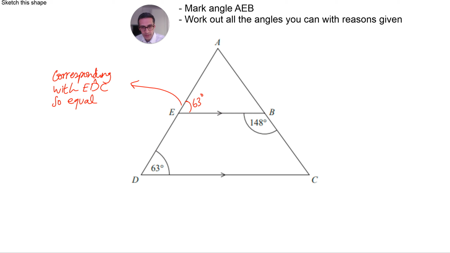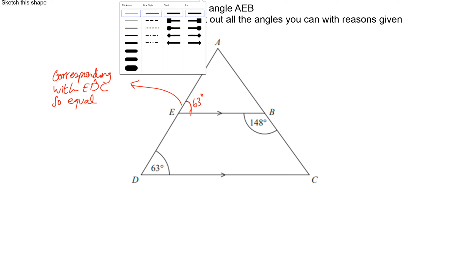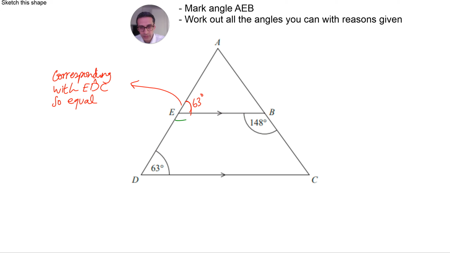And then if we know that 63, we can also work out this angle here because it's angles on a straight line at a point. Or the other thing we could also say is that these are co-interior angles. So 63 plus this angle here will be 180. There's lots of different ways, like I said. So we can say this is DEB.